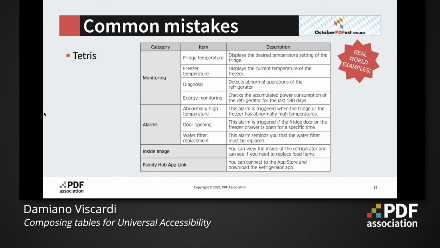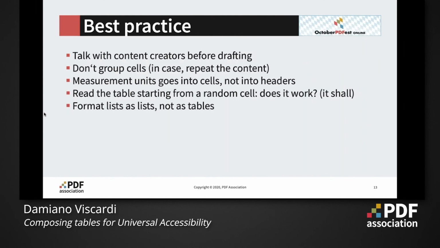And it's almost impossible to understand if we look at the table from the perspective of accessibility, because we don't know what the content is referring to. And we cannot read the column or the row independently. So it's always about the content.